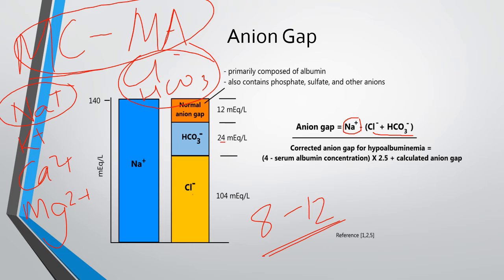It also consists of phosphate, sulfate, etc. So for every 1 gram per deciliter decrease in serum albumin below 4.5 grams per deciliter, which is the normal value, the anion gap increases by 2.5 milliequivalents per liter.